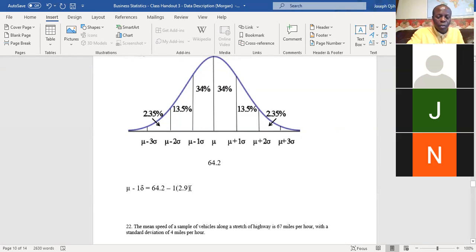So mean minus 1 times standard deviation equals 64.2 minus 1 times our standard deviation, given as 2.9 inches.